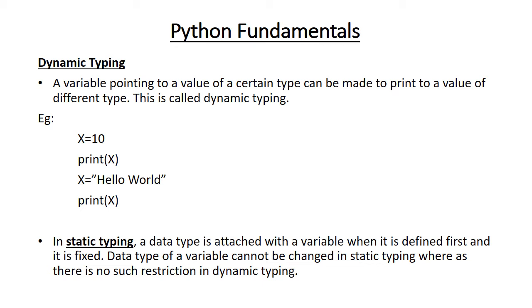Print x. It will print hello world. That is called dynamic typing. In static typing, a data type is attached to a variable when it is first defined and it is fixed. The data type of a variable cannot be changed in static typing, whereas there is no such restriction in dynamic typing.